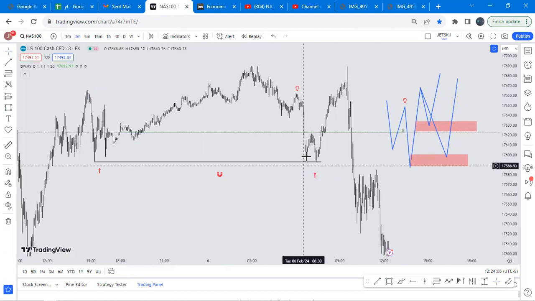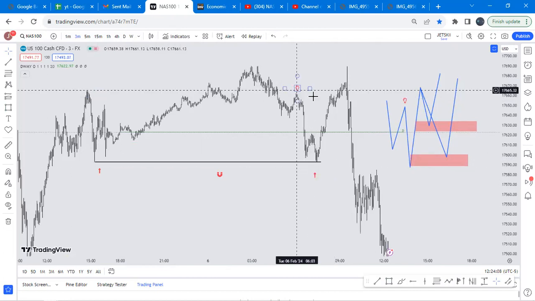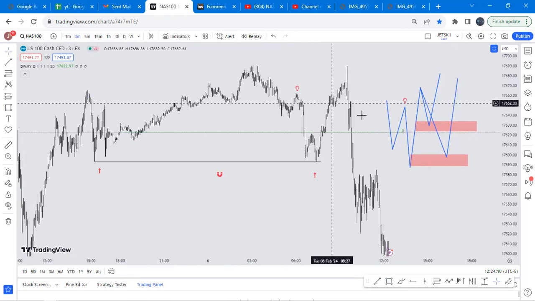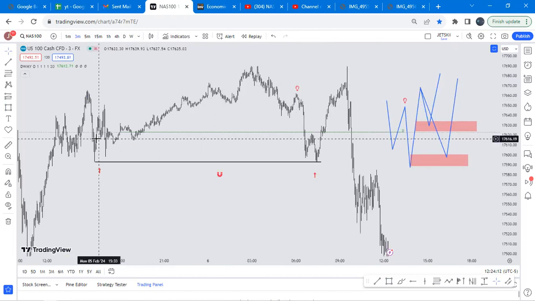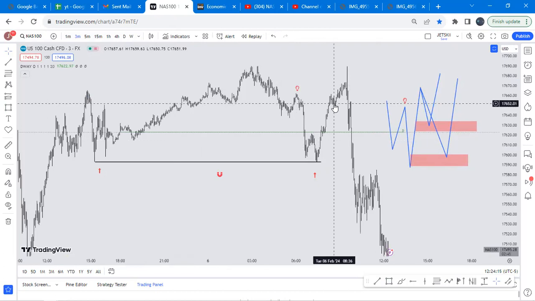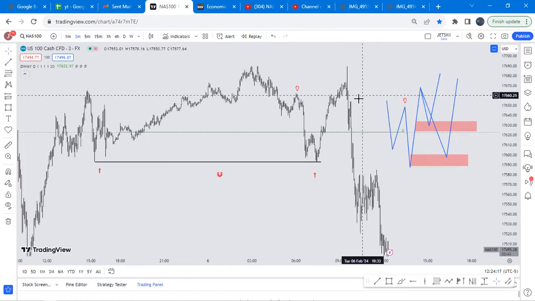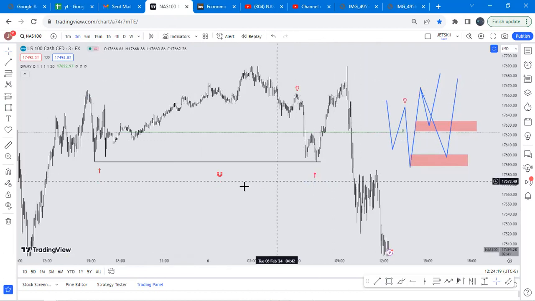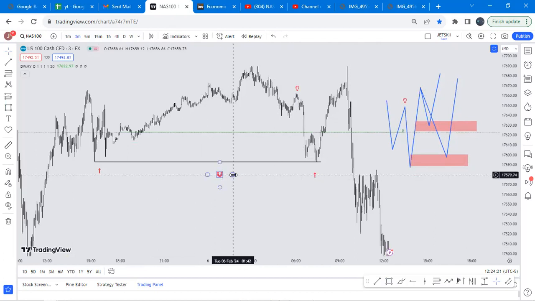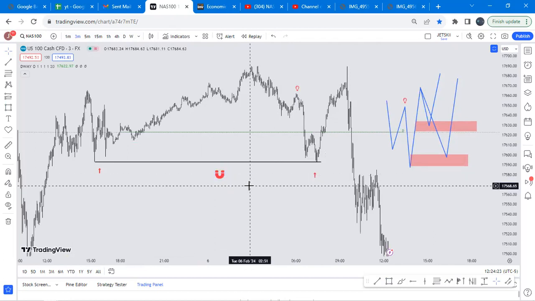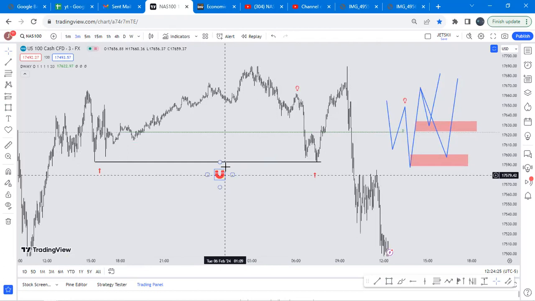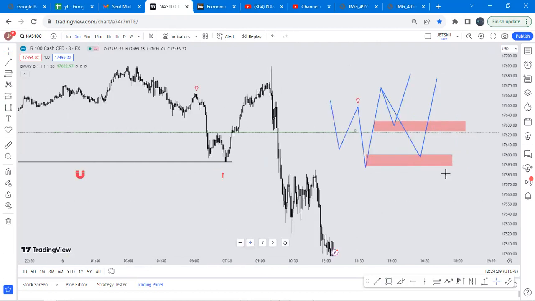Then we also see the majority of people, I think here maybe it's their confirmation after they used this level to go higher, and then the stops are going to be below these levels. That's why we say we use this magnet to show that the market is more likely to be pulled lower.